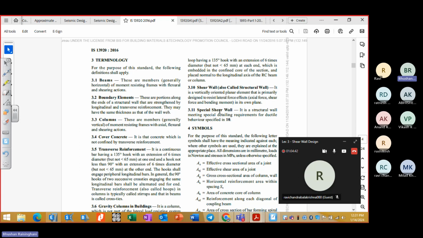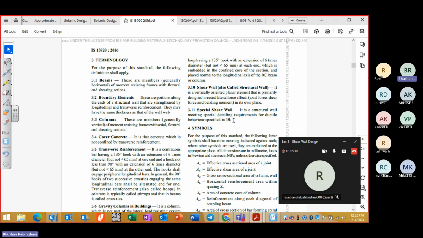It is a structural wall, and if we are going for a special shear wall, it is a structural wall meeting special detailing requirements for ductile behavior. So you have to design it as per section 10 of this code, which will take part in lateral load resistance in the earthquake, and you will get a particular R value related to that if it is a ductile wall or an ordinary wall.